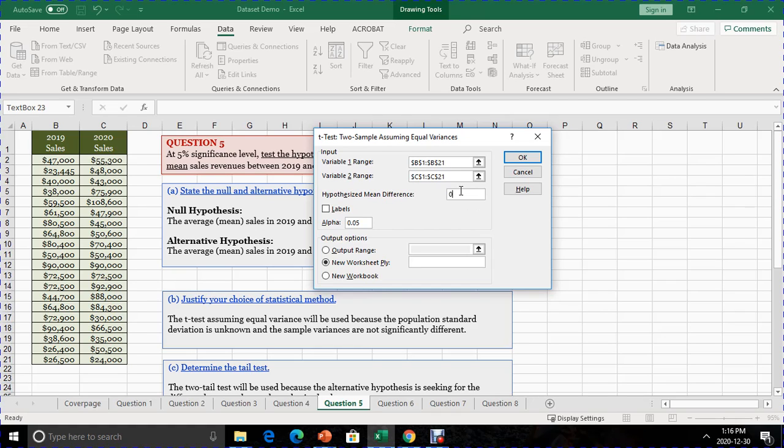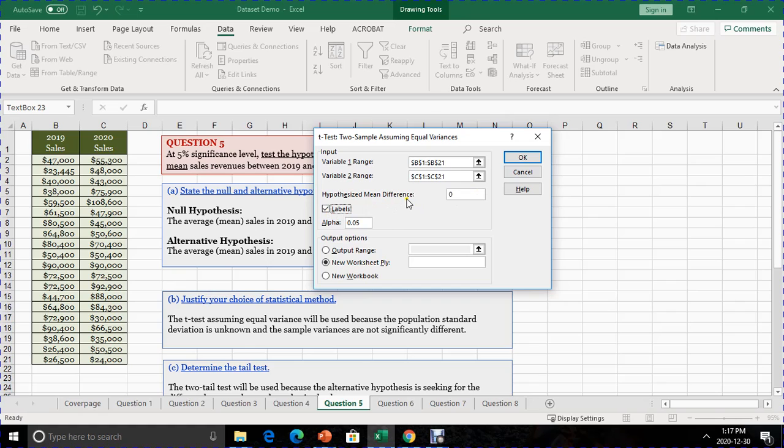If the averages of the two data sets are equal and no difference between them, then it goes without any thought that the difference should be 0. So that is why we have to put in 0 as the mean difference between the two data values.